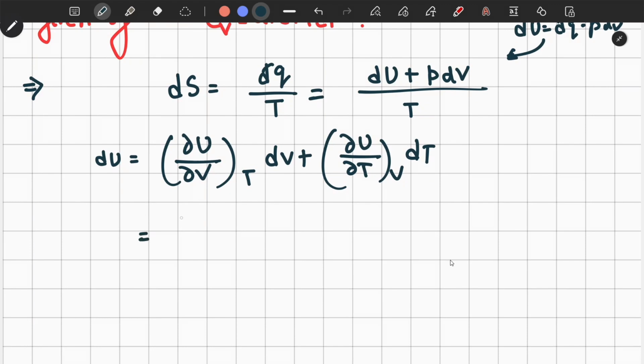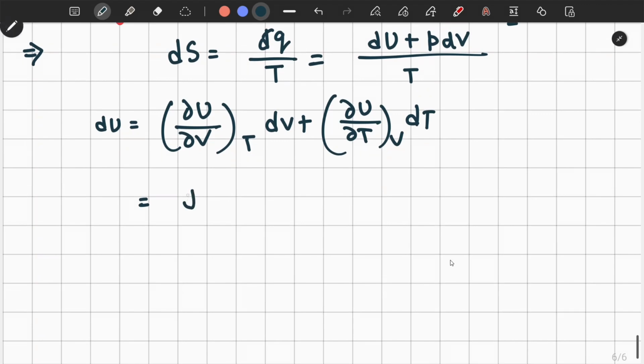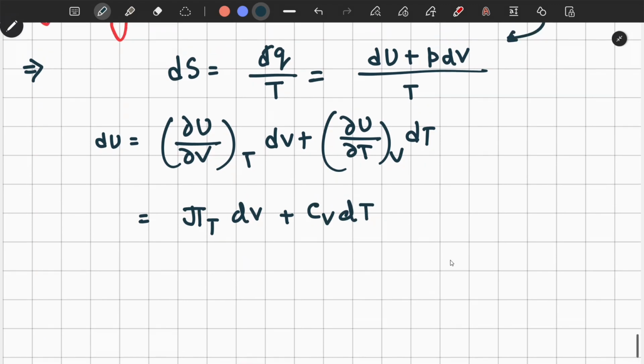But here it is not zero. Pi T dV. Pi T is non-zero, because it's not an ideal gas now. So you have to consider that also. So let me write it as pi T dV and Cv dT. So that you have to invoke here.